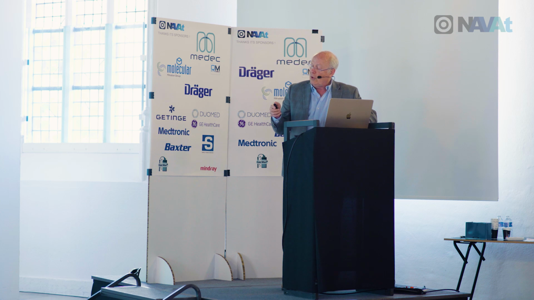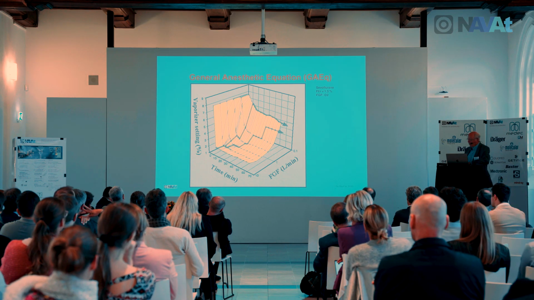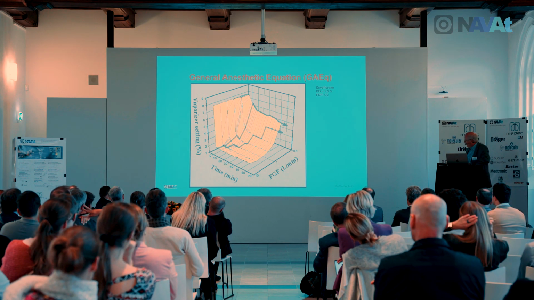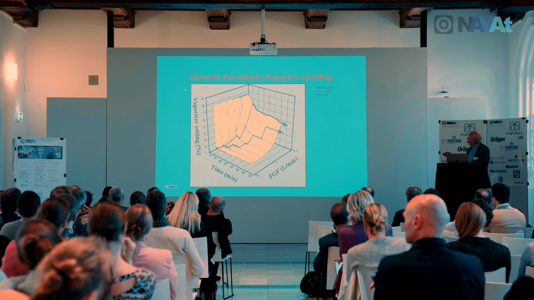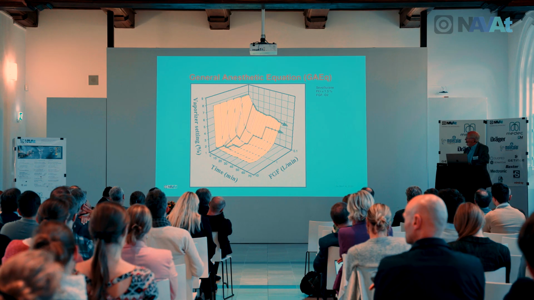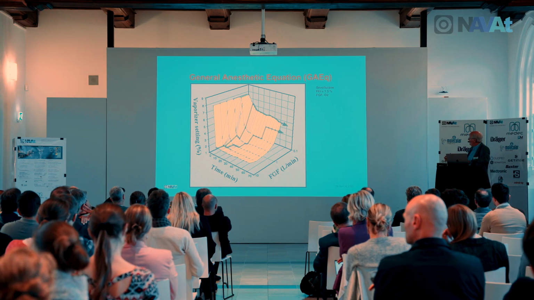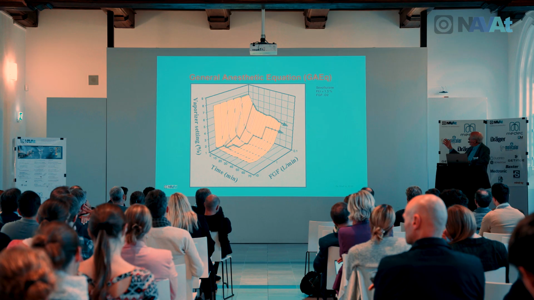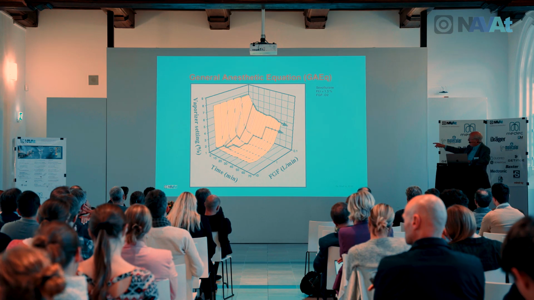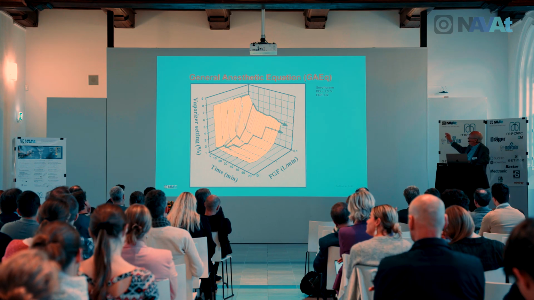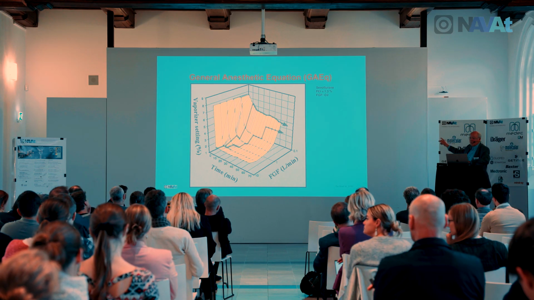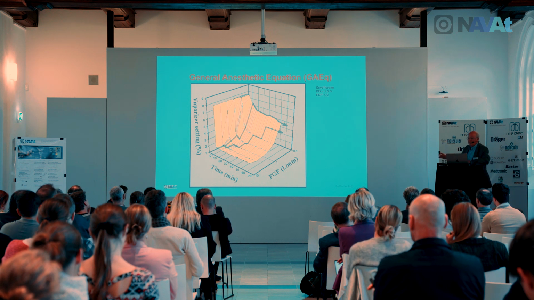This whole combination of graphs, you can now transfer into a plane. That plane represents fresh gas flow, time, and vaporizer dial setting on the y-axis. As long as you have a combination of fresh gas flow, vaporizer setting, and time that allows you to stay on that plane, you will get an end-tidal concentration of 1.3% during maintenance.